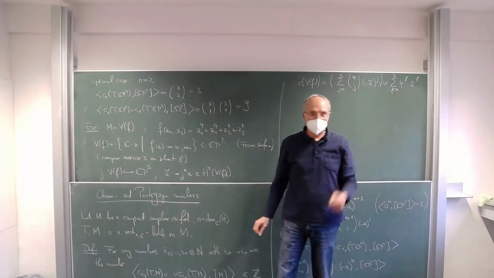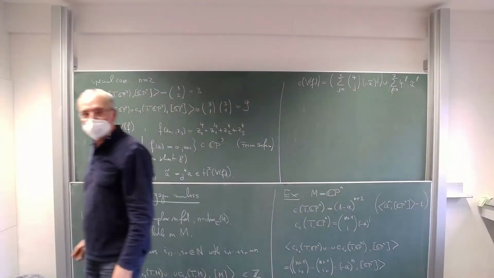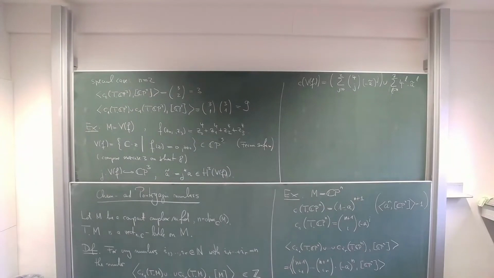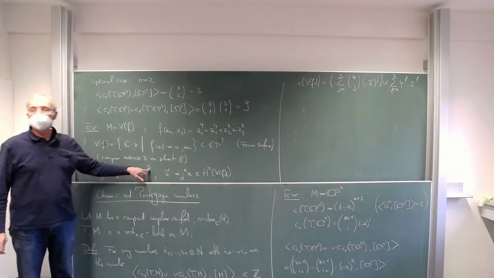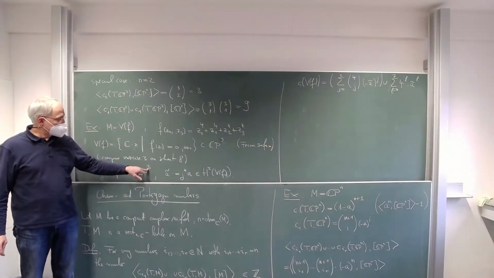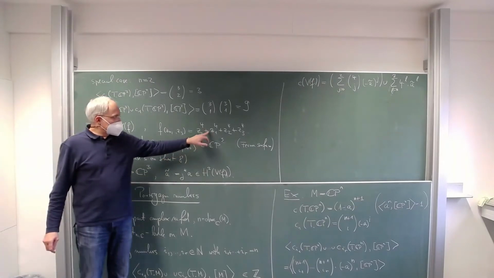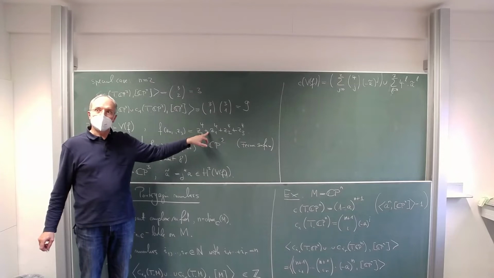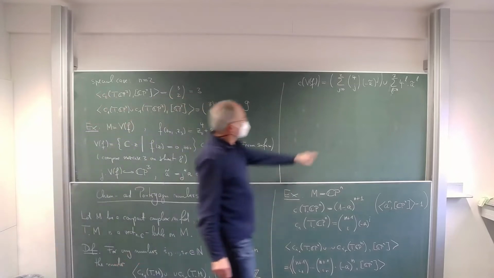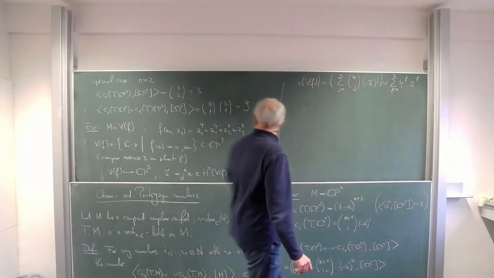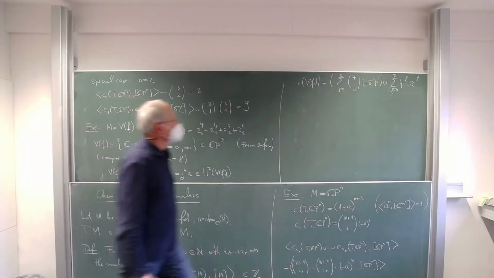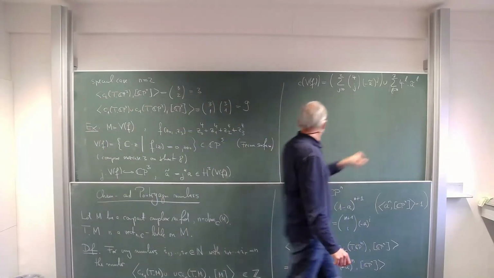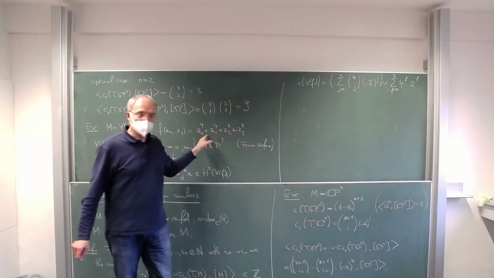So there was a general formula for hypersurfaces of this kind, where CP3 can be replaced by an arbitrary dimension n, and this equation can be replaced by an arbitrary homogeneous equation of degree k. Now this 4 is n plus 1, so it's this number plus 1, while this 4 is the degree of the equation.